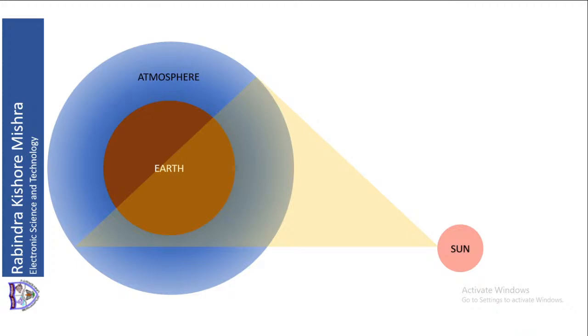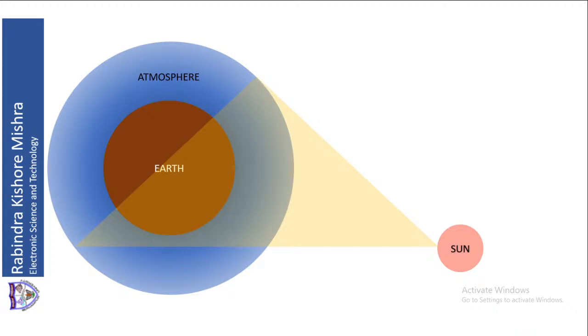Now when it first meets the atmosphere which is surrounding the Earth, at that point the density of different gases is low. But the intensity of radiation, or the energy in the radiation, is maximum there because it is nearer to Sun compared to the surface of the Earth.